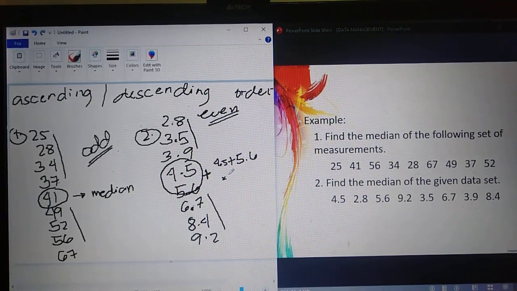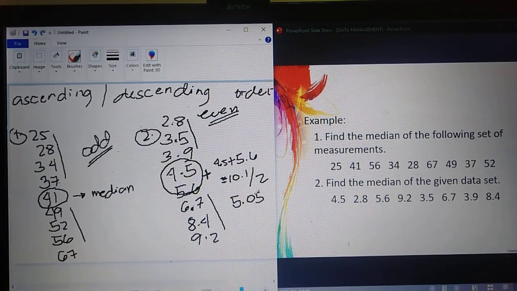We have 10.1. We have 10.1 divided by 2. So our median number is 5.05. This is our median.